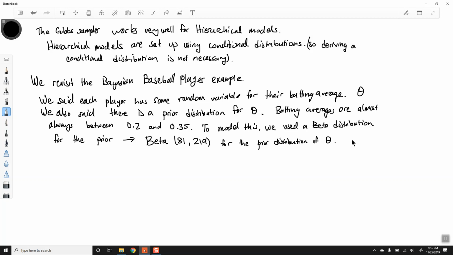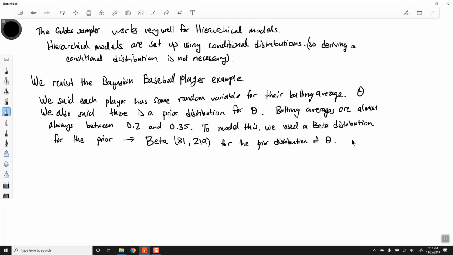Maybe I want to treat 81 as a random variable and 219 as a random variable, rather than picking them in a slightly arbitrary manner. The parameter values that go into my prior distribution can themselves be treated as random variables.